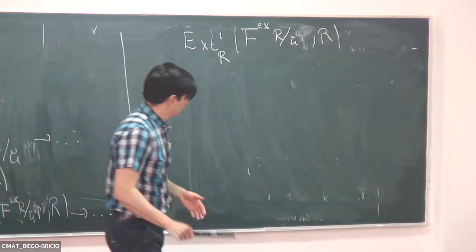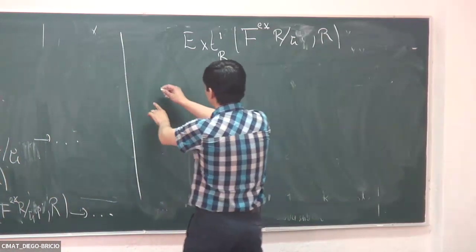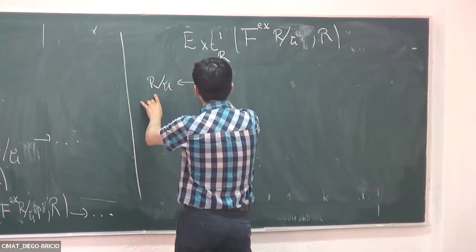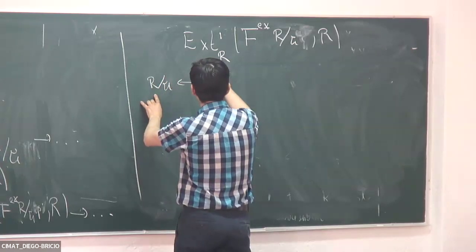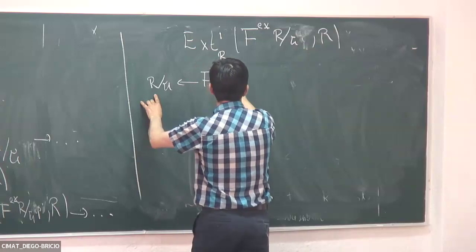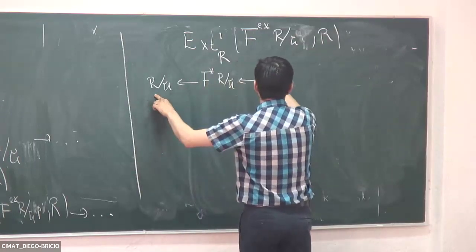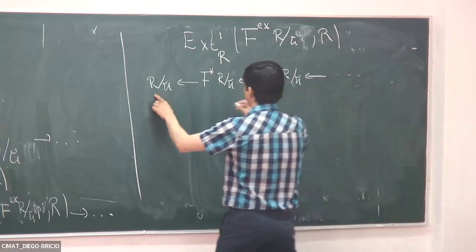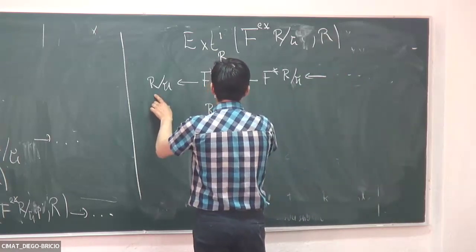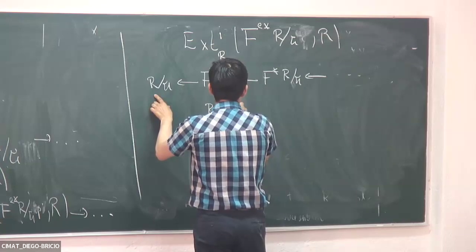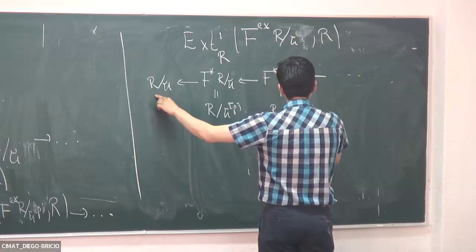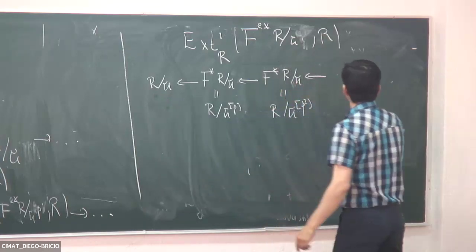Just to repeat myself, we should have started with a sequence that is like this, because this is R a to the P, and this is R a to the P squared, and so on.